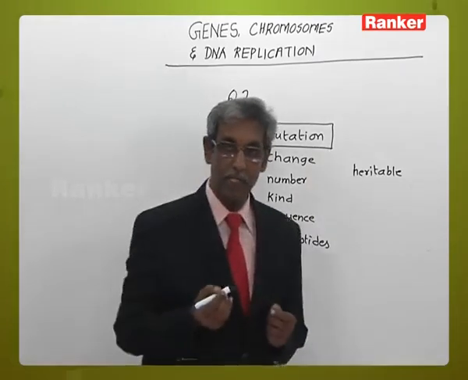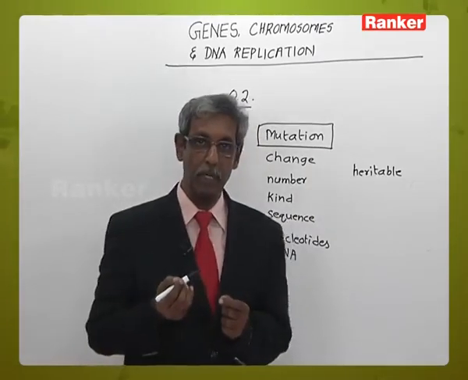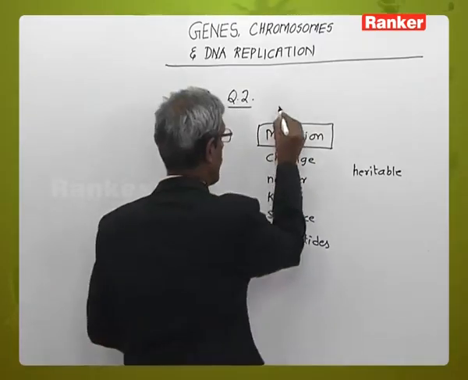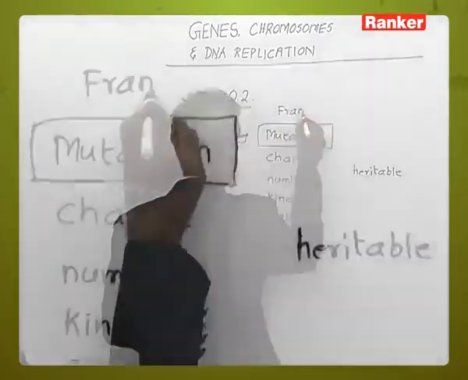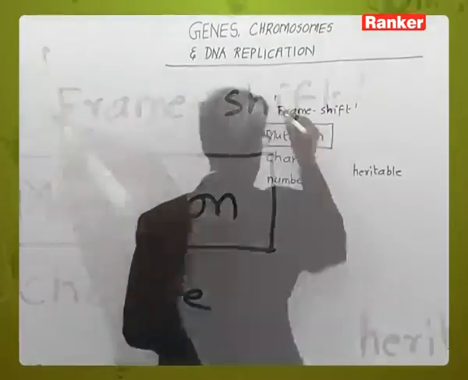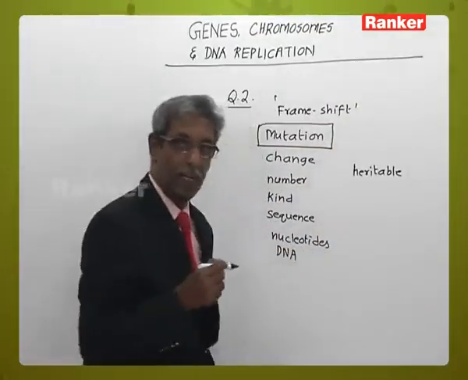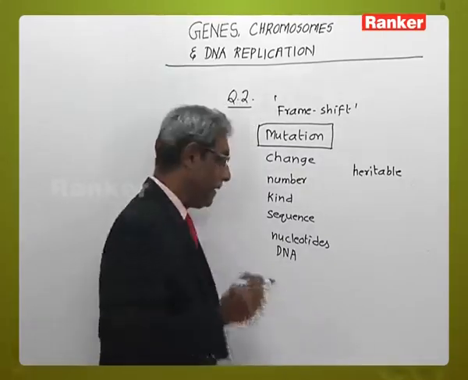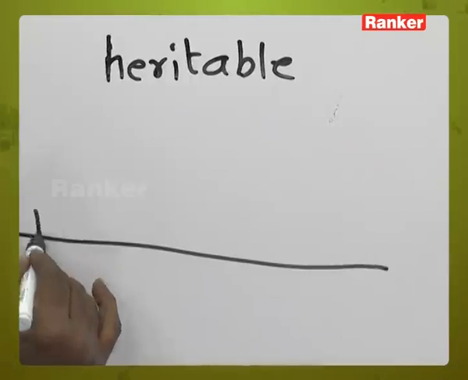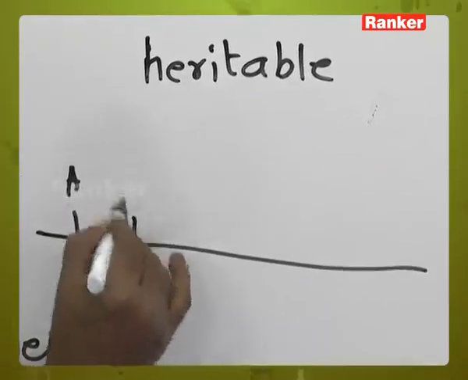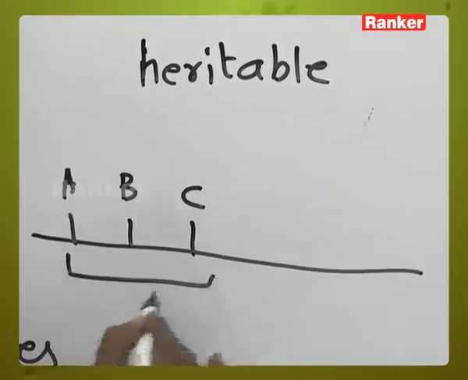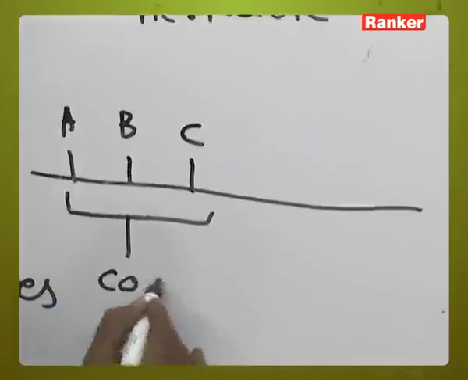Now, among mutations, we have one special type of mutation which is termed as frame shift mutation. So, in a frame shift mutation, if you think you have a reading frame called A, B and C, which forms one set of a codon.